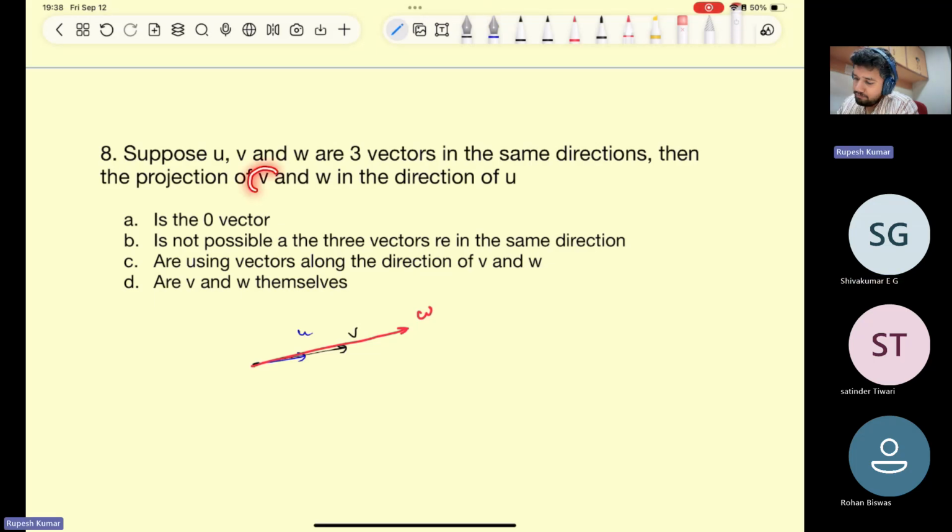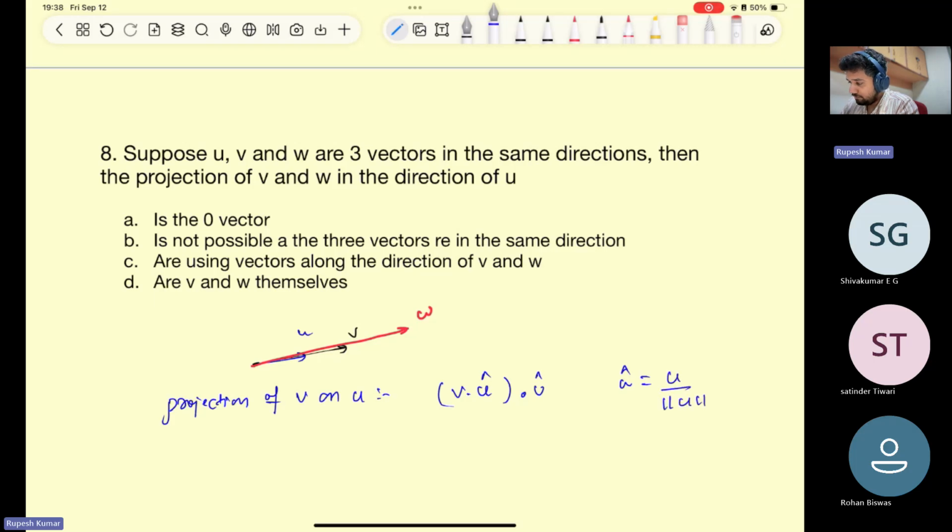You want to take the projection of v and w in the direction of u, right? So let's do this. Very simple. Projection of v on u is v dot u cap in the direction of u cap, where u cap is essentially u divided by the L2 norm of u.